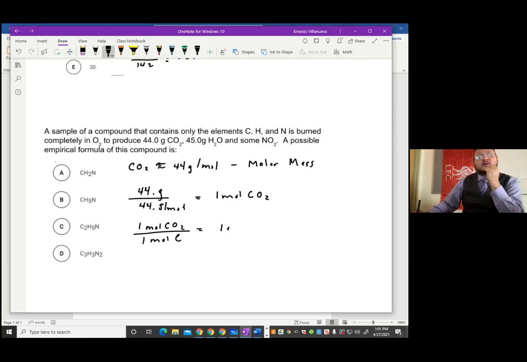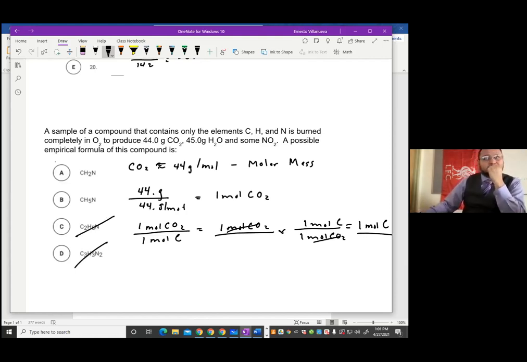So if I have 1 mole of CO2, and for every mole of CO2 I have 1 mole of carbon, since it's a 1-to-1 ratio, then my compound is going to have 1 mole of carbon. So I already know that, and I can eliminate these two options. Does that make sense?